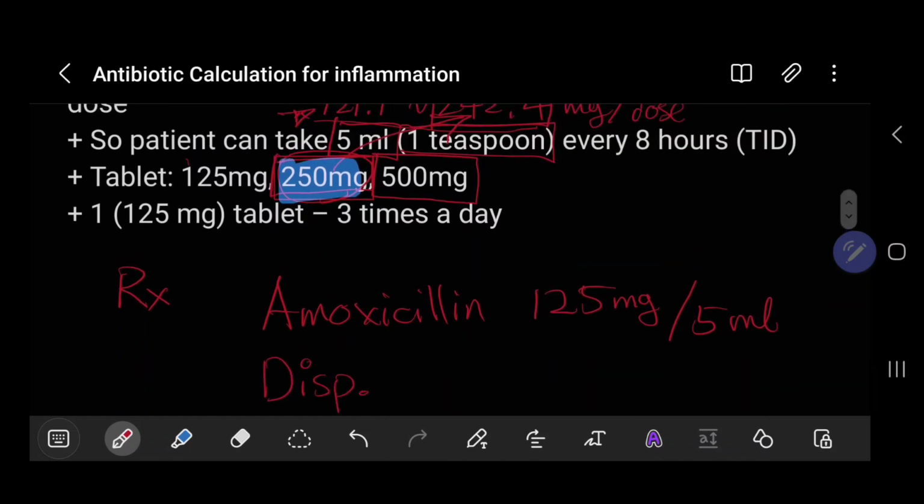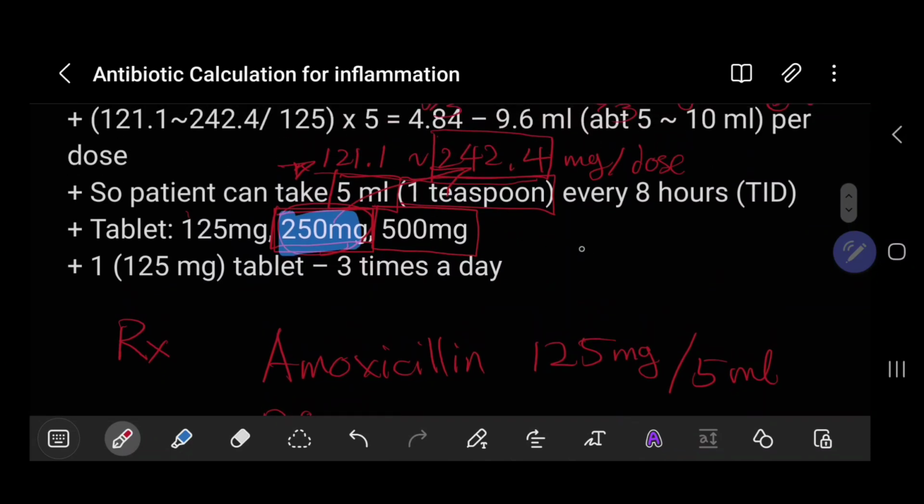how much we need to dispense is calculated in this way. So 125 milligram is the drug which is in 5 milliliter, right? So the actual quantity that we dispense is in 5 milliliter, which contains 125 milligram of amoxicillin. So how many times do we give 5 milliliter per day? Per day, 3 times, right?